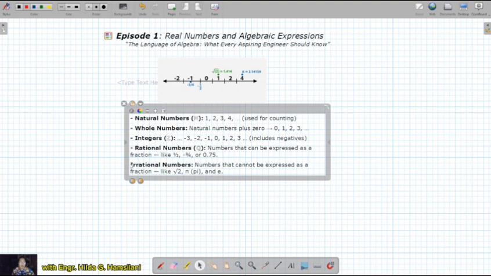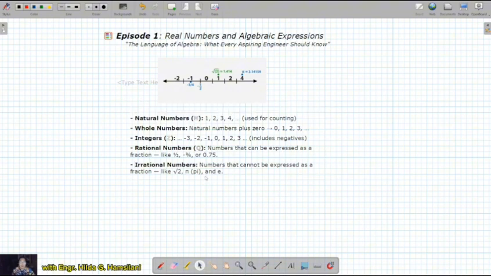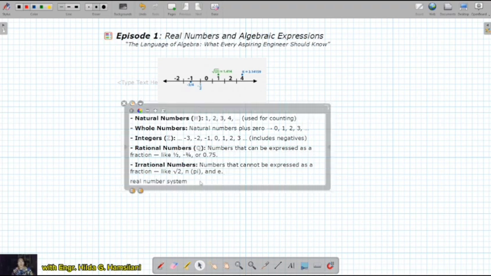And we have the irrational numbers. These are the numbers that cannot be expressed as a fraction, like pi, e, and the square root of 2. Now, together, all these form what we call the real number system.